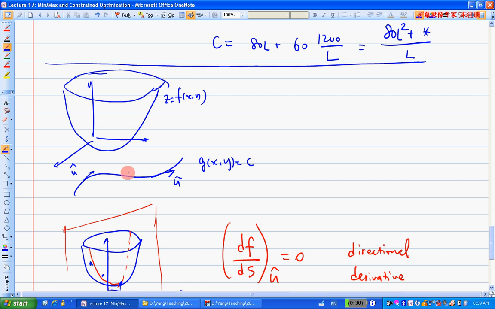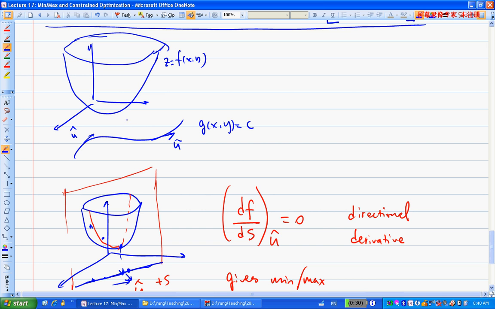As you're walking along here, it's not going to just trace out a flat parabola. It's probably going to be a curve with ups and downs like this. However, it's the same idea. At a certain location, if you reach the minimum or maximum, the directional derivative is still going to be 0. At the 0, your del f is still going to be perpendicular to the u hat.